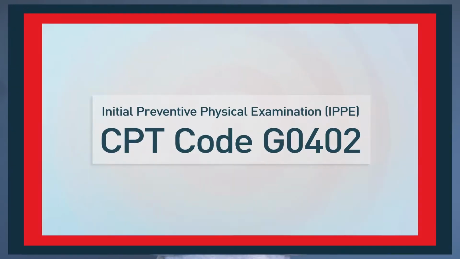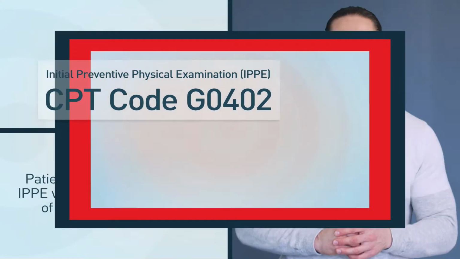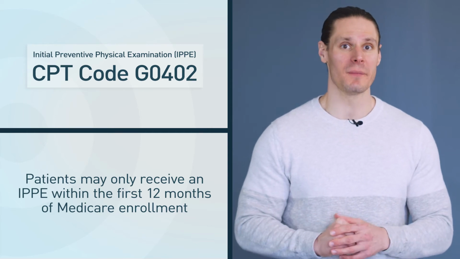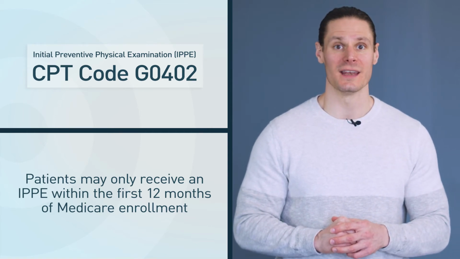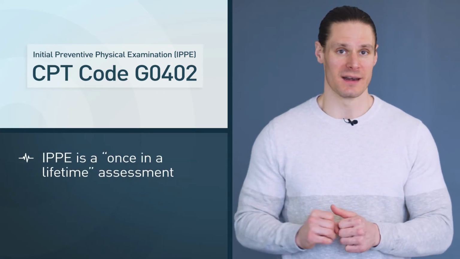But first, let's talk about the IPPE, or the Initial Preventive Physical Examination. The patient is billed using code G0402. Now, this code you can only bill within the first 12 months of the patient's enrollment within Medicare Part B. This is considered a once-in-a-lifetime benefit.